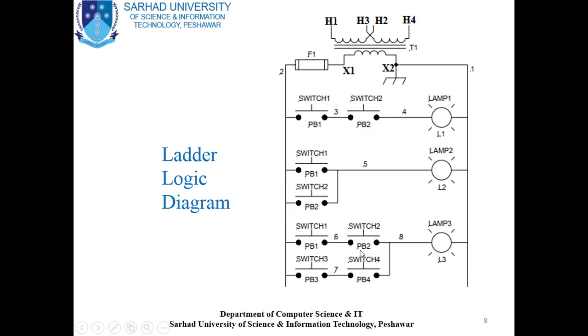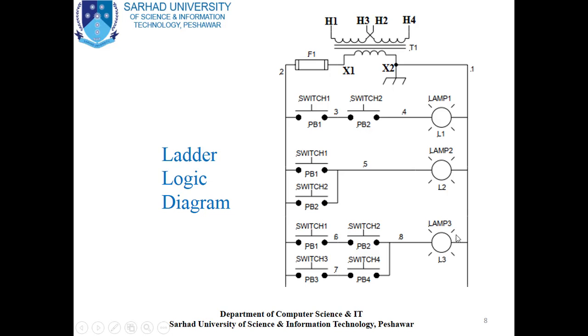Here you can see a circuit diagram and ladder logic diagram. Switch 1 and switch 2 are combined in series, and here you can see switch 3 and switch 4 are also combined in series form, and these two switches, switch 3 and switch 4, have been connected in parallel form or OR form with switch 1 and switch 2, and the connection has been connected with lamp 3 on this side, in this terminal.